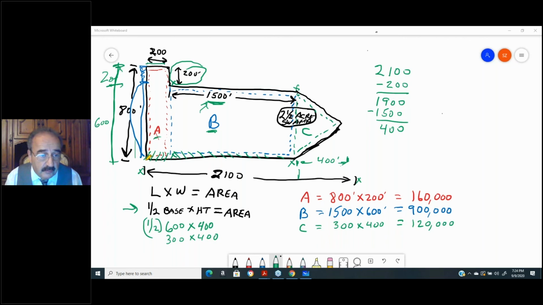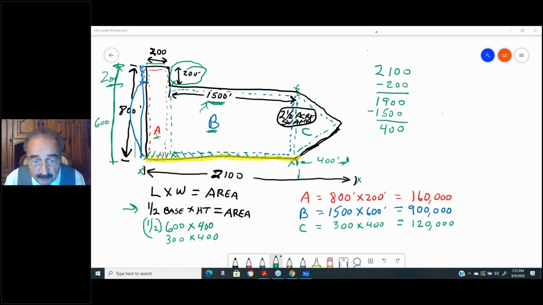Now, I'm using my highlighter. I'm on the bottom line. It's 200 feet from here to here. So 2,100 minus 200 is 1,900 square feet. Then from this point, I'm talking about section B, is another 1,500 feet. I'm going to highlight this. All the way to this point, it's another 1,500 feet, which leaves me 400 feet.